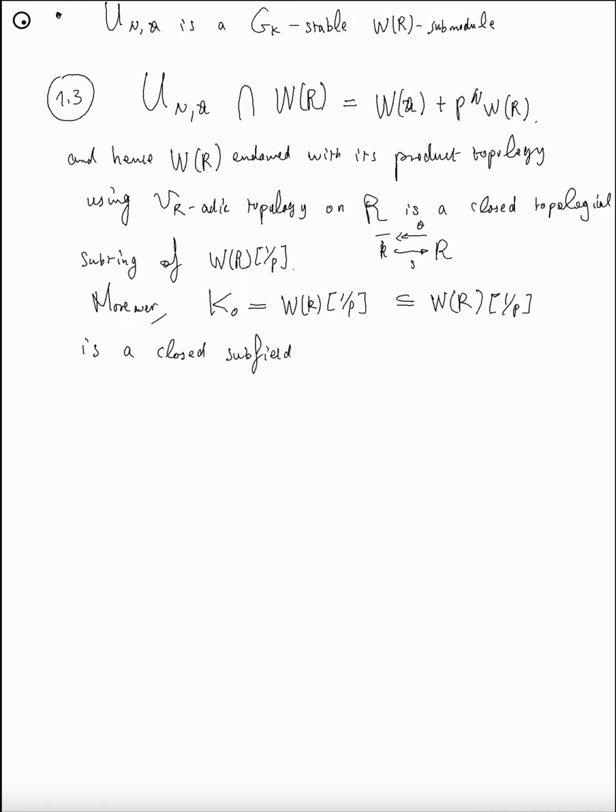Let's close the subfield with its p-adic topology. So small k is a discrete subring.